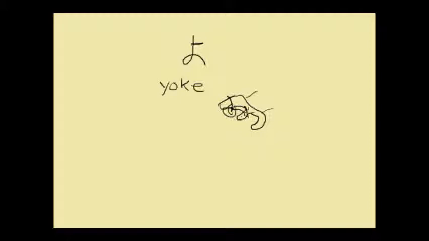I'm not a very good artist here. Okay, the yoke will be on the necks of the cattle, so the cattle can pull the cart or the wagon for the wagon train. Yoke. Let me draw it for you first. The first stroke is sort of like the second stroke of ro, or u.